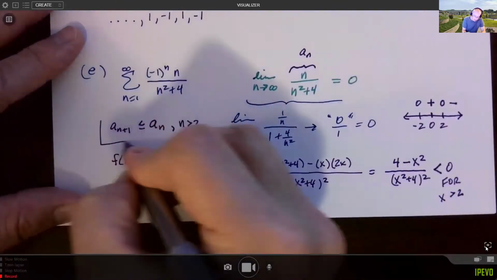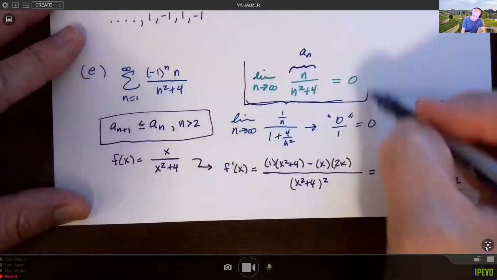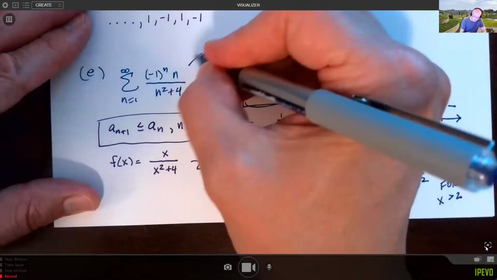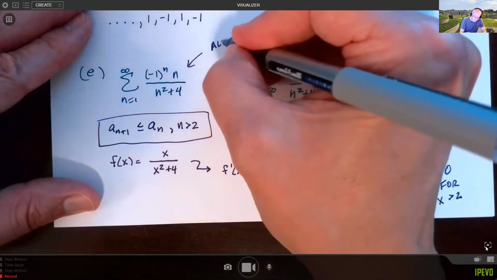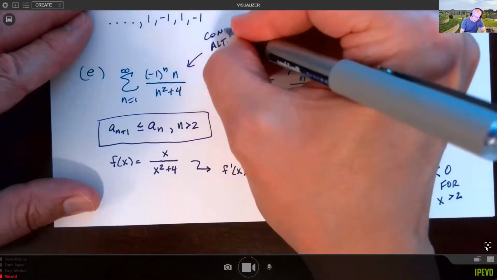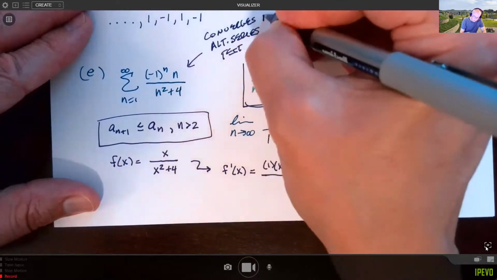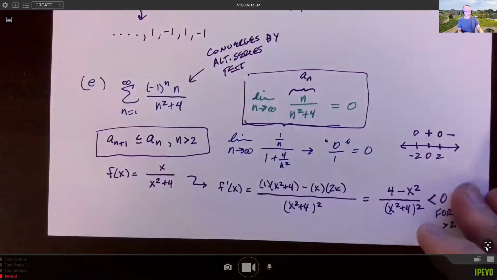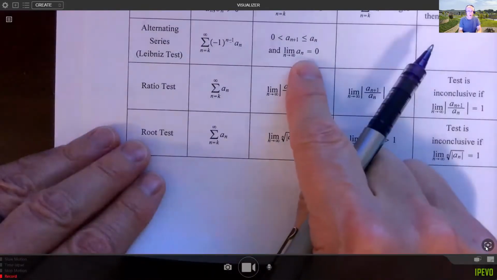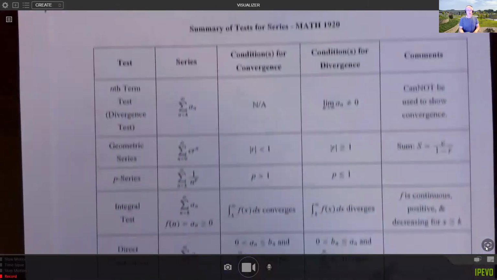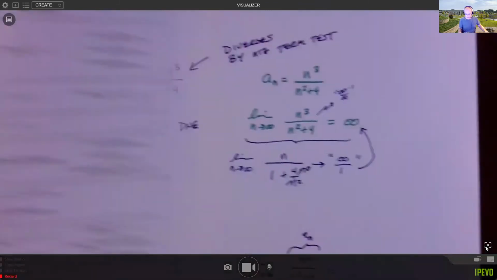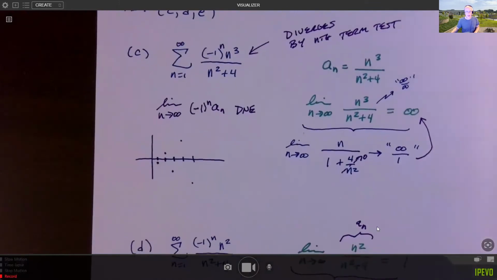So we have this condition satisfied, we have this condition satisfied, and therefore, by the alternating series test, this series converges. Converges by alternating series test. And I've explained both of these important pieces that are required to show that we have convergence. Okay, so there is a good contrast of using both the nth term test and the alternating series test.